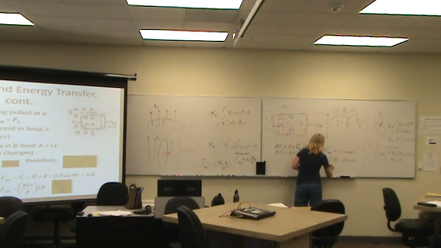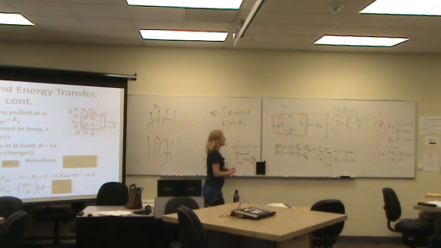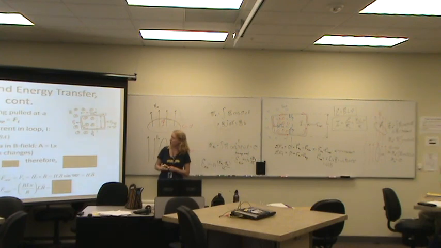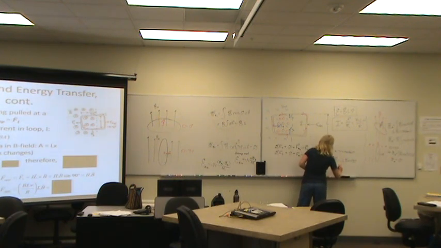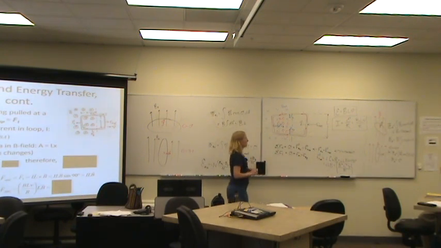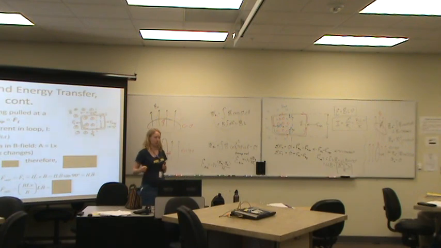And so we have ILB as the solution to that force equation, and we just solved for I, BLV over R, so we can throw that in here. And so we end up with B squared L squared times V over R. So that would give you how much force you're applying to your loop.